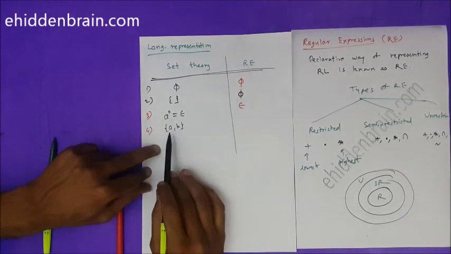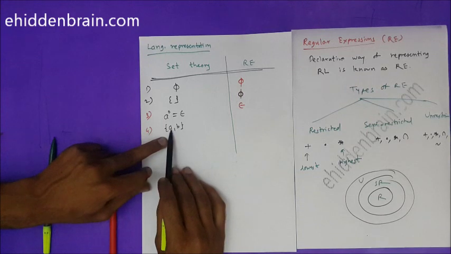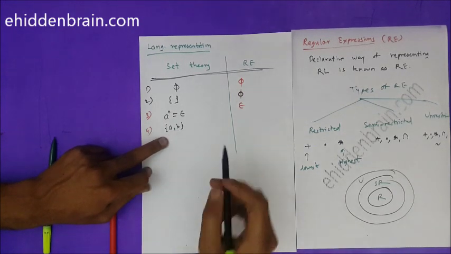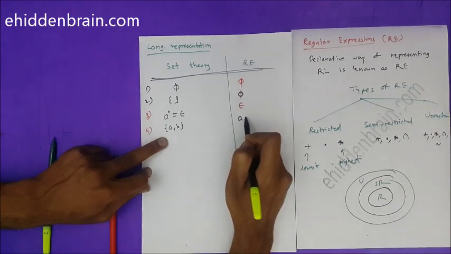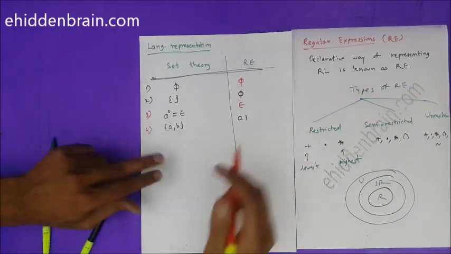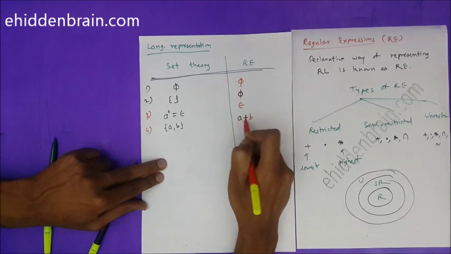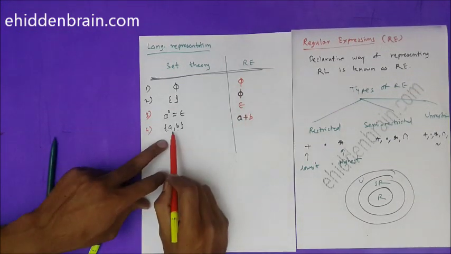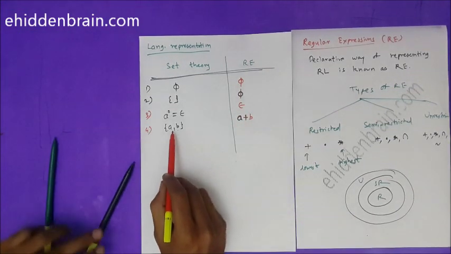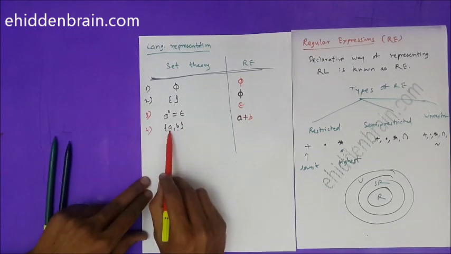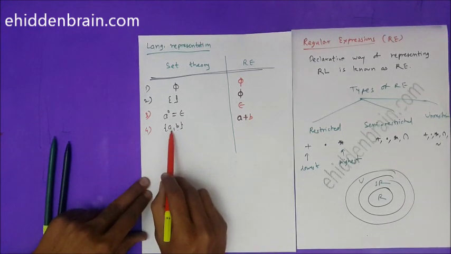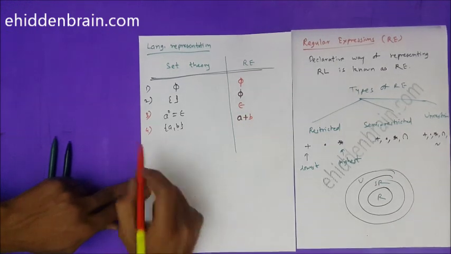You can see in this language 2 strings are accepted. Either a is accepted or b is accepted. So how to represent in regular expression? A plus B. Simply you do that, A plus B. So this is the way of accepting a set of language which consists of 2 strings and both are of same length, a and b.